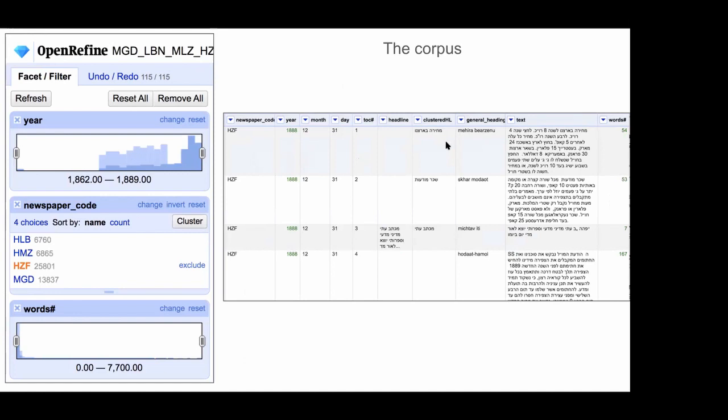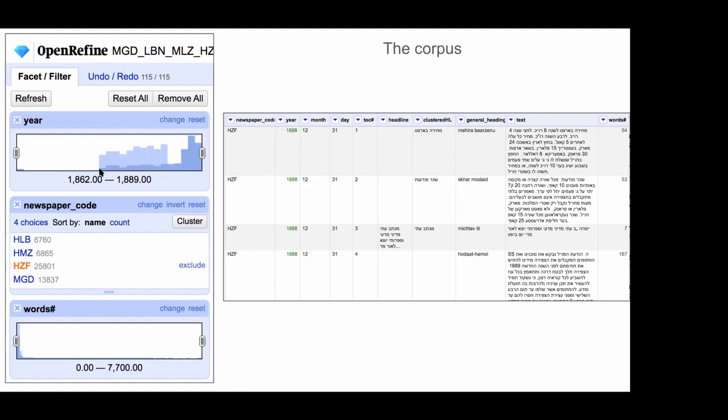And as you can see, this is the span of years that we have. So we have the 4 newspapers. They're very non-uniform regarding the times, not because of the time of publication, but the time of the corpus that we have by now.